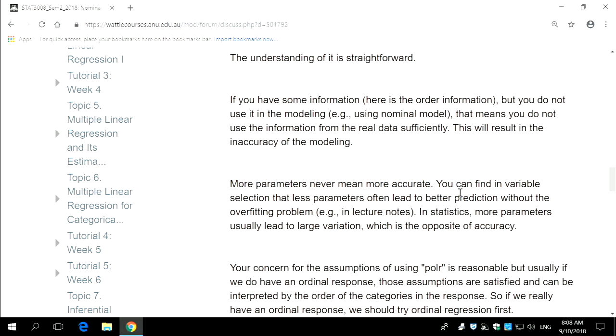Because if you still remember, in the variable selection lecture, we talked about how usually when we have fewer variables or fewer parameters, those can lead to a better prediction without the overfitting problem. More parameters in statistics usually lead to large variation, which is the opposite of accuracy. That's the reason why the nominal model usually has more parameters, which means the nominal model has a larger variation compared to the ordinal model.